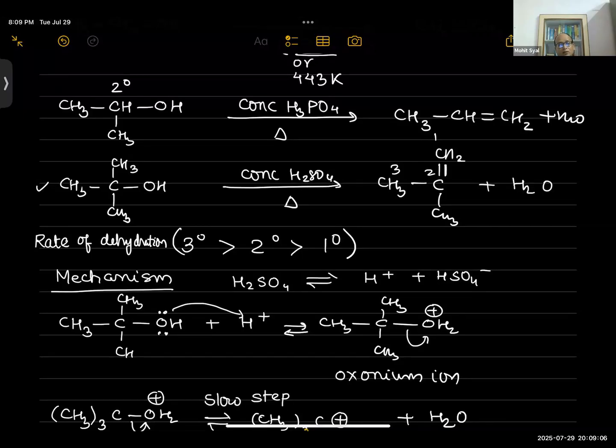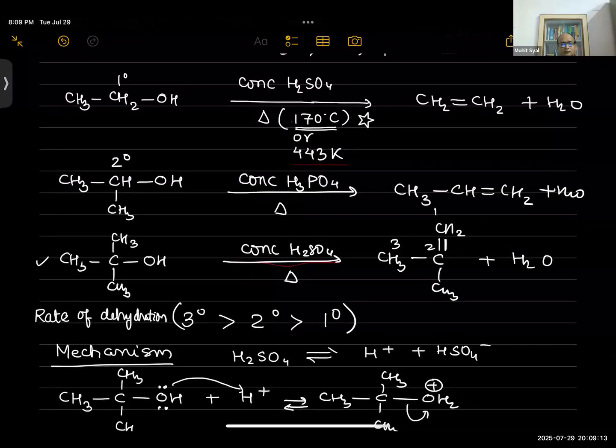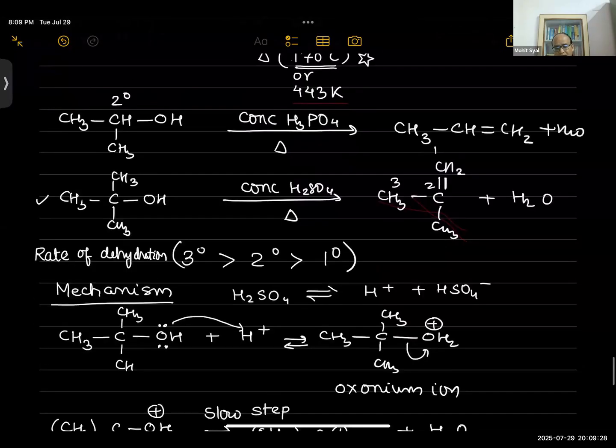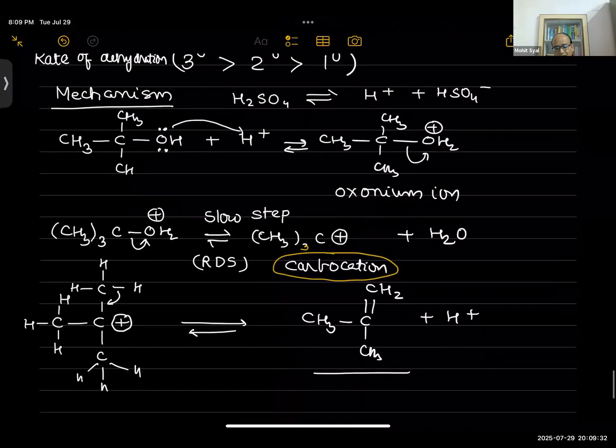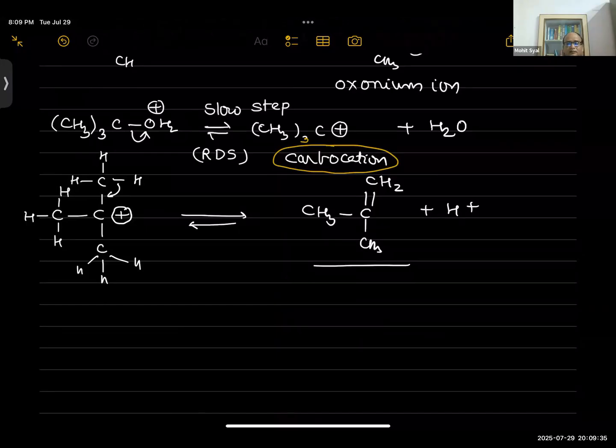Ibrahim, where is it going to happen most easily? It is going to happen most easily for the tertiary alcohol, then for the secondary, and then for the primary. Got it? Because the tertiary alcohol can form a more stable cation. That is why it can undergo elimination very easily. Is it clear or not?